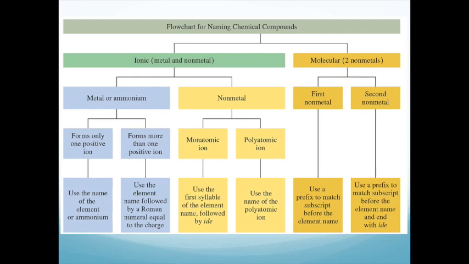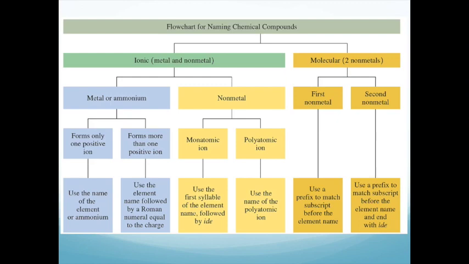You determine whether the cation forms only one positive ion or if there's more than one possible. Then if you have only one possible positive ion, you just use the name of the element, or ammonium in the case of ammonium salts.